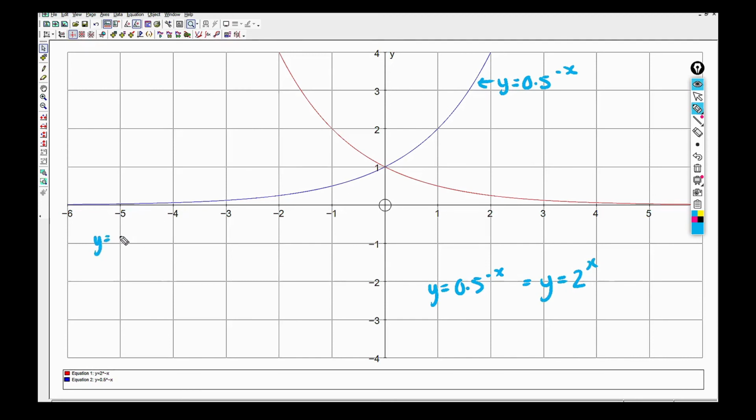When x equals 1, then y equals a half to the power of minus 1, which is the reciprocal of that, which becomes 2. Now when I had y equals 2 to the x, when x equals 1, it gives me the exact same value, which is why they are the exact same graph.